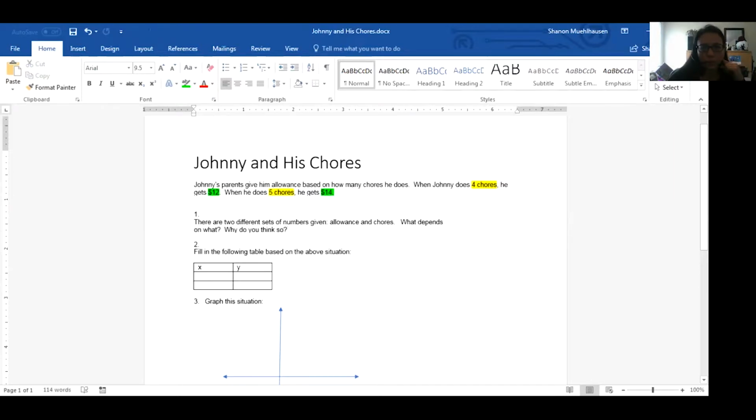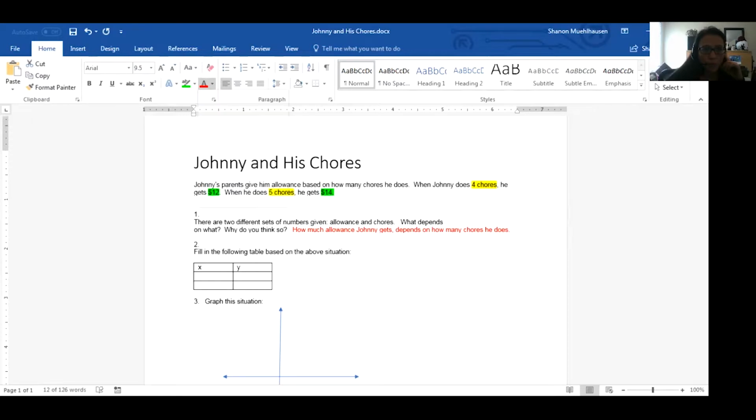Now, hopefully you thought about this and you think, well, in the real world, how much allowance Johnny gets depends on how many chores he does. This sentence and being able to form this sentence is really important.